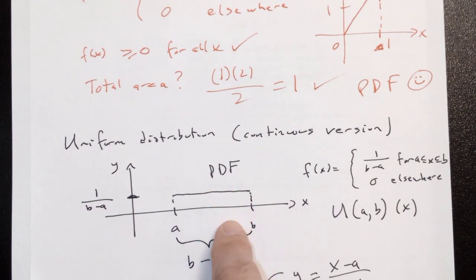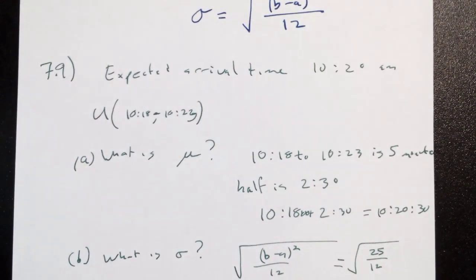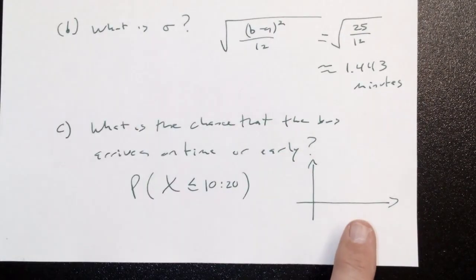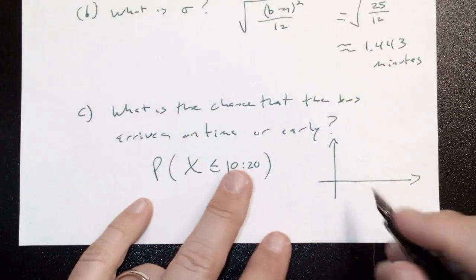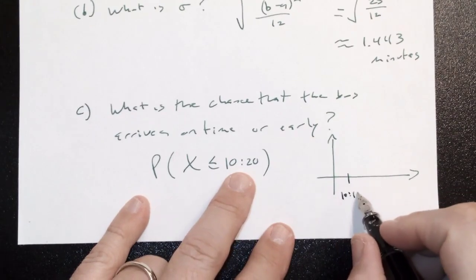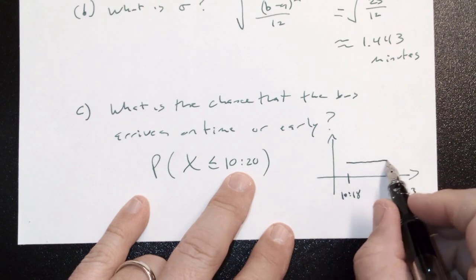I want this picture with our numbers. So what should the picture look like? It is just a box. And that box starts at? And ends at 10:23. So it's uniform from 10:18 to 10:23.